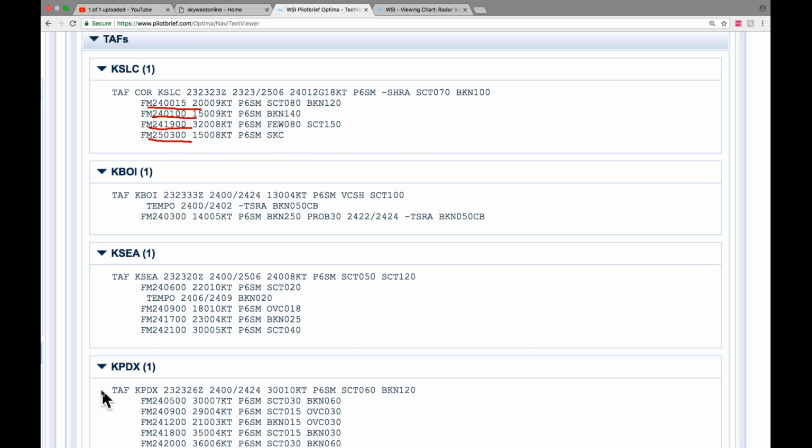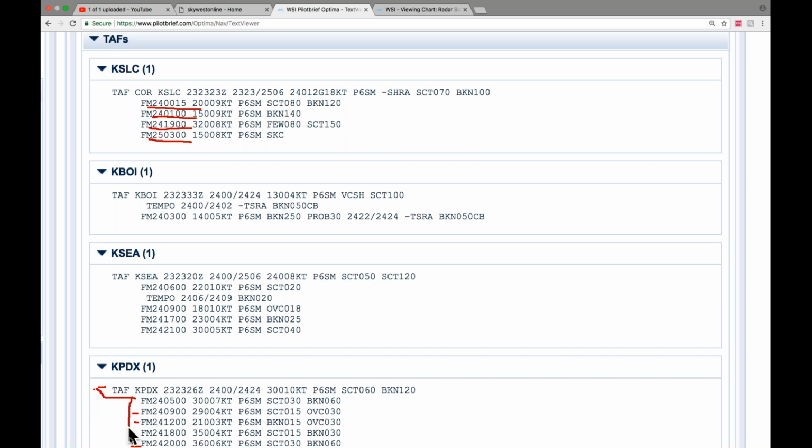You can see here that even though this is a 24-hour TAF, in that 24-hour window we've got 1, 2, 3, 4, 5, 6 different times that we're looking at.